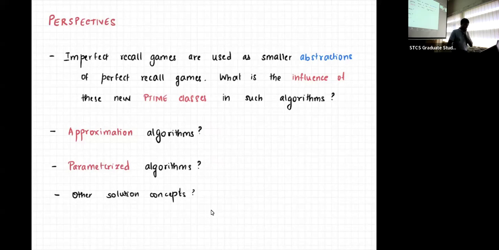We have not looked at that. Also parameters: are there some sensible parameters to be looked at, based on information structure, for which we get FPT algorithms and so on? And finally, other solution concepts. What about Nash equilibrium, in the non-zero sum case? That's it. Thank you for your attention.